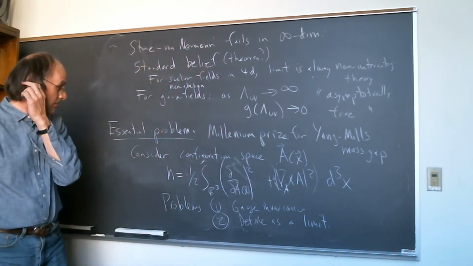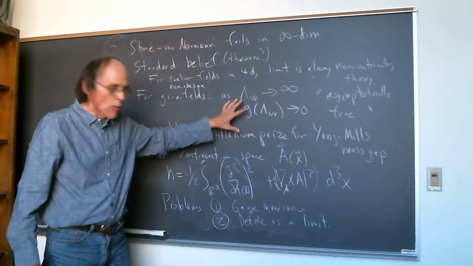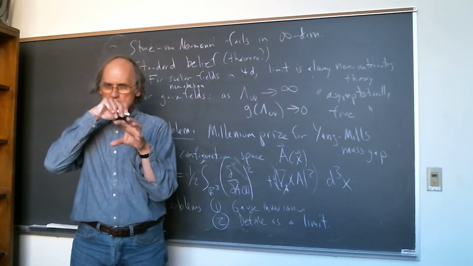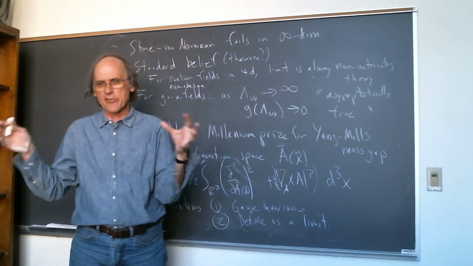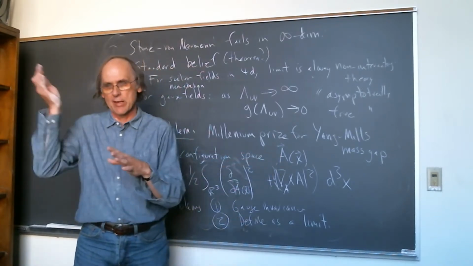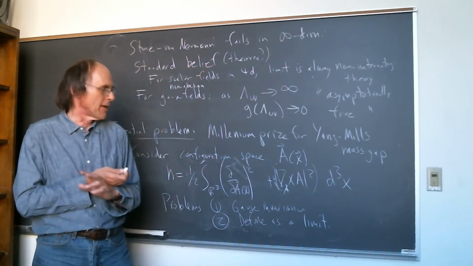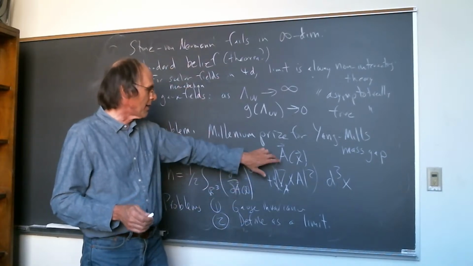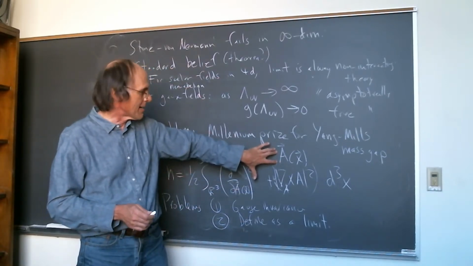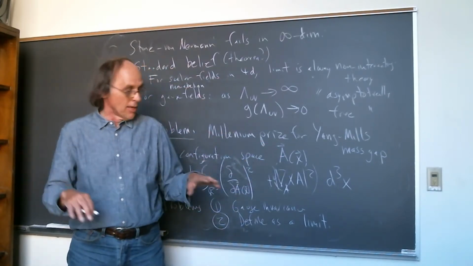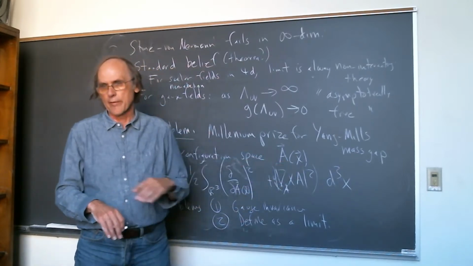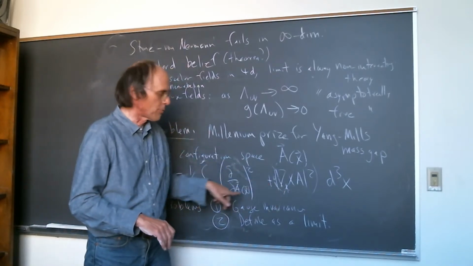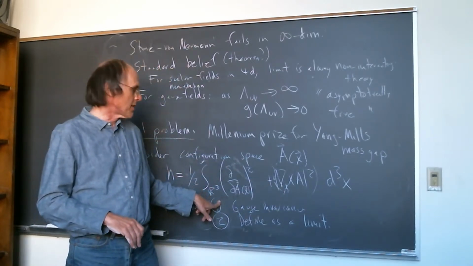The way I've written it, you've got this group of time-independent gauge transformations that are still acting on it, and you have to somehow quotient out by that. But ignoring that problem, here's a space, the space of all SU2 gauge fields at a given time, and here's an operator on that space.